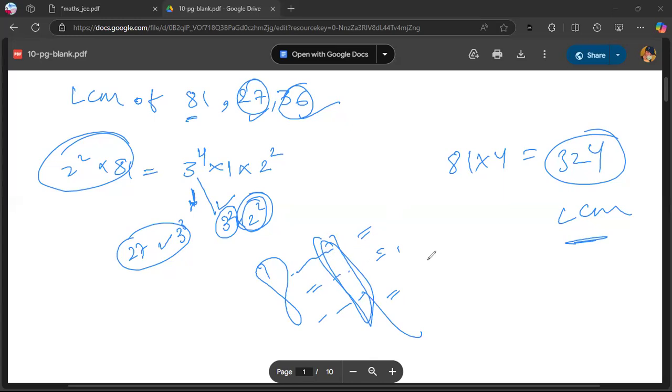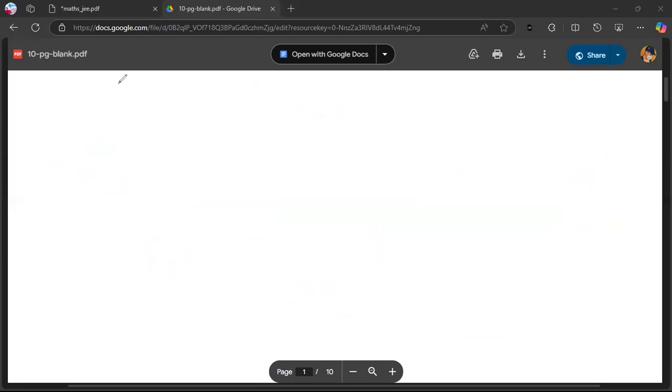Then that will be our HCF. Well, basically it's the same prime factorization method. There's no simple method to find HCF in my awareness.